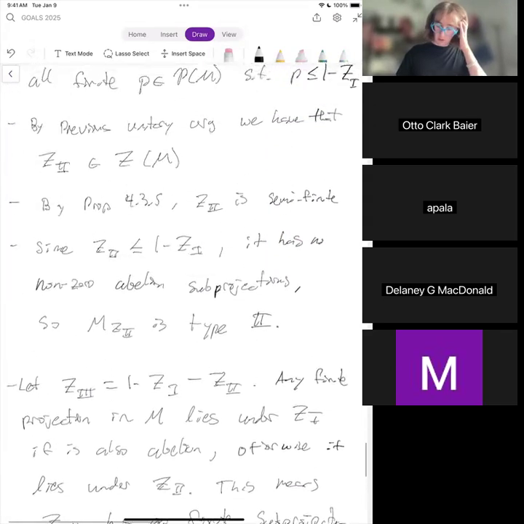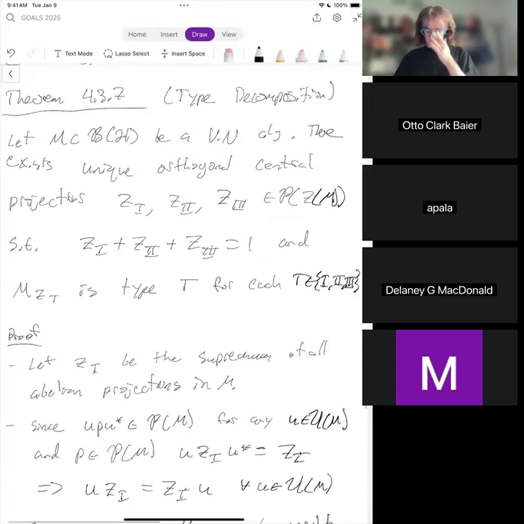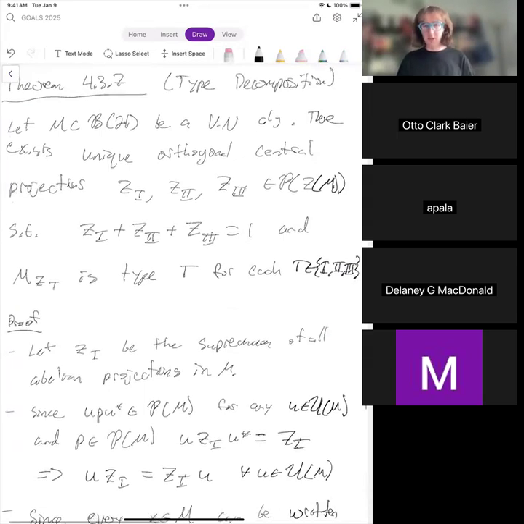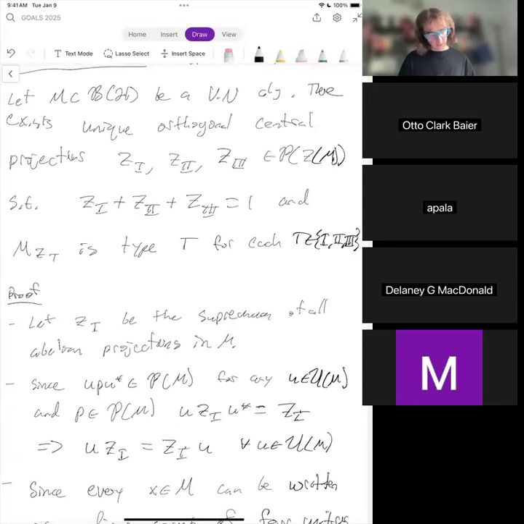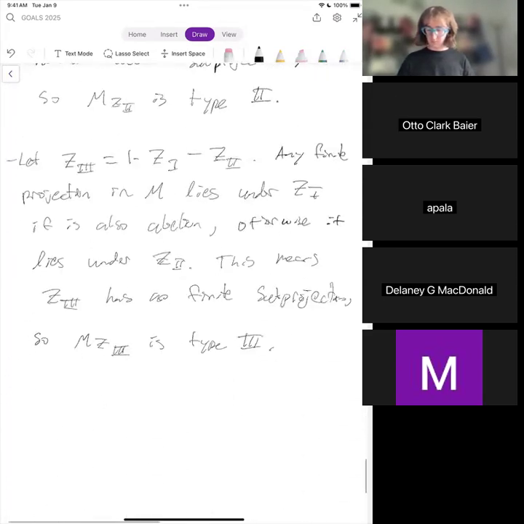So far, we've shown that there exist orthogonal projections such that this property holds, but we still need to show uniqueness.